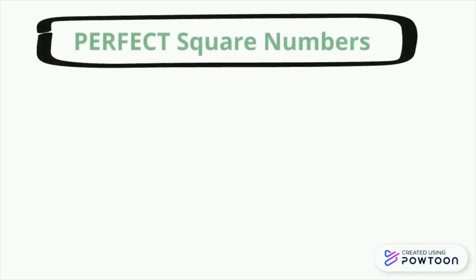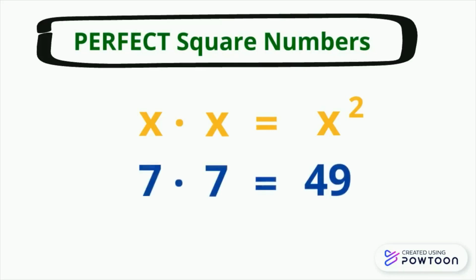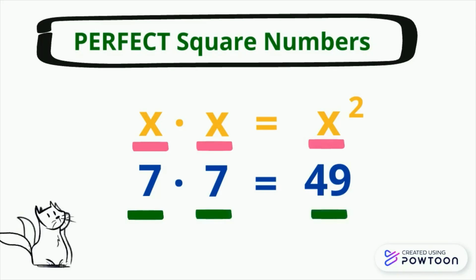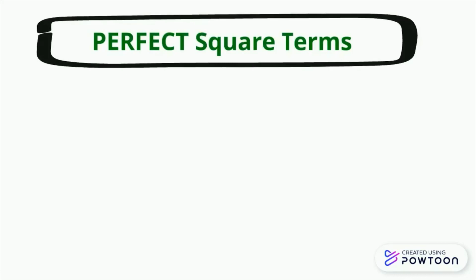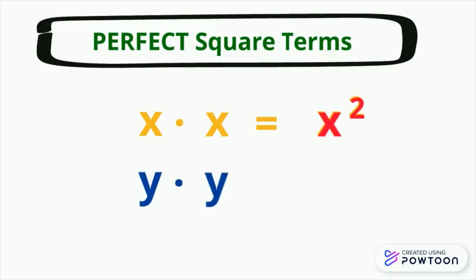Square numbers are said to be the product of a variable or a numeral multiplied by itself twice. The variable x when multiplied by itself is x squared. X squared is a perfect square term, so as y times y is y squared.